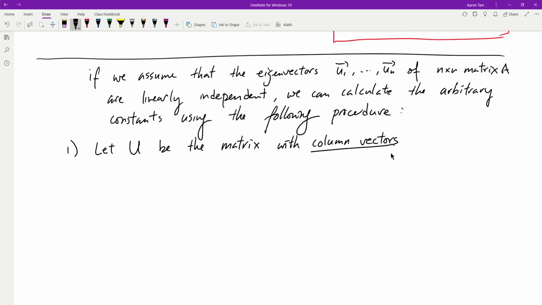Very important, you're using them as columns, in whatever order that we choose. But once we choose that order, we have to be consistent with it, in a fixed order. This matrix U is called the eigenvector matrix of the system.